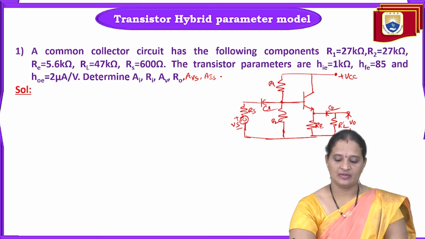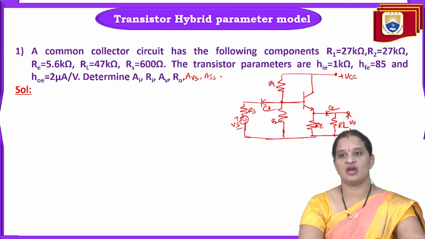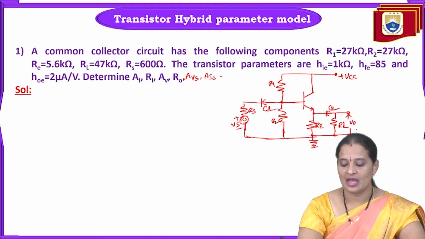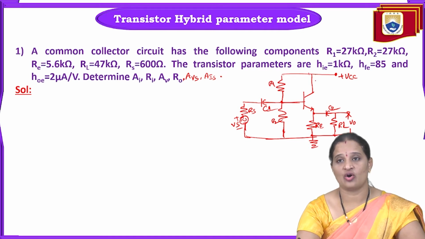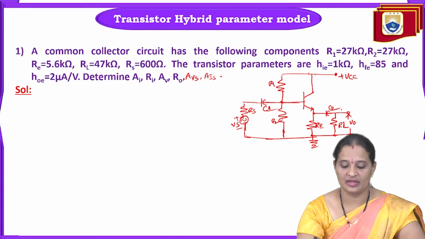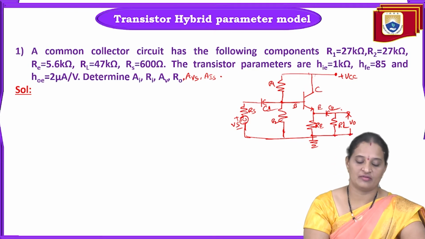So this is the common collector amplifier circuit where we have R1, R2, RE connected to the emitter terminal, which is also grounded, and the output is taken between the emitter and the ground, where the collector is a common terminal between the input and output. The input is applied to the base and the output is taken from the emitter. So this is the common collector configuration.